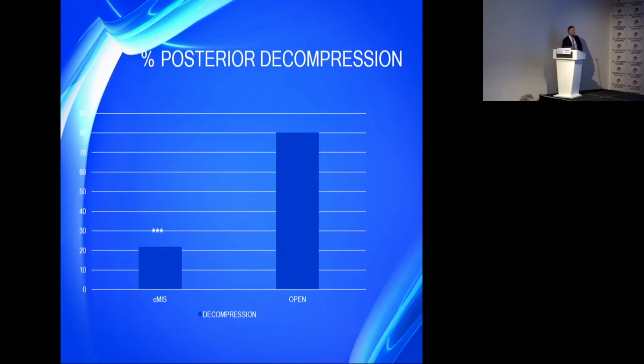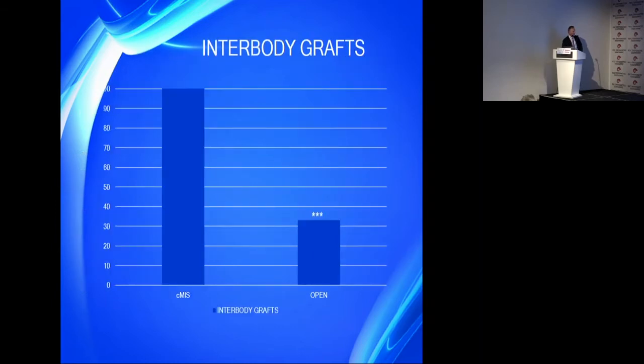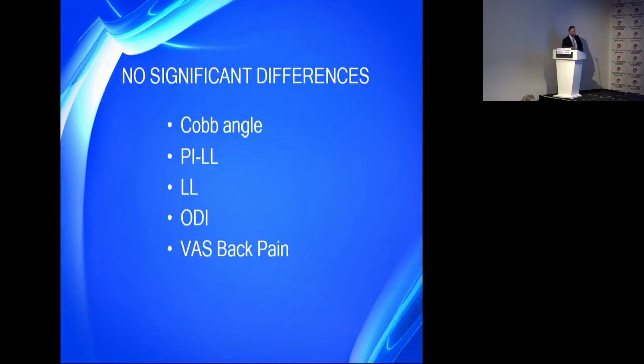In terms of the amount of posterior or direct decompression, 80% of the open patients had direct decompression. Only 20% of the minimally invasive group had direct decompression. And in terms of interbody grafts, 100% of the minimally invasive group had interbody grafts, whereas only about 30% did in the open group, and both of those also reached statistical significance.